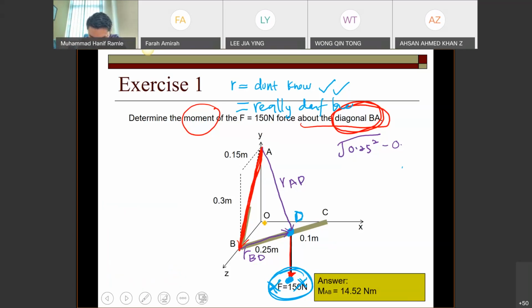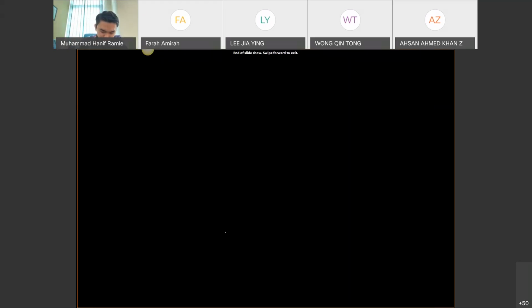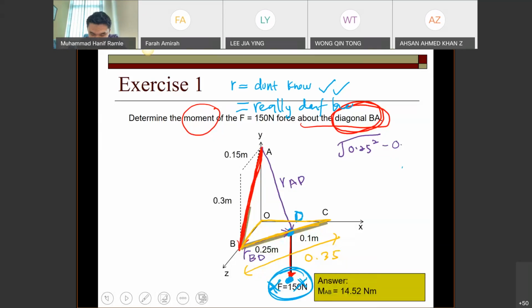This is mathematics, not really statics. Why do we choose this triangle? Because we do have information. The hypotenuse length is 0.35, and this length BO is 0.15.